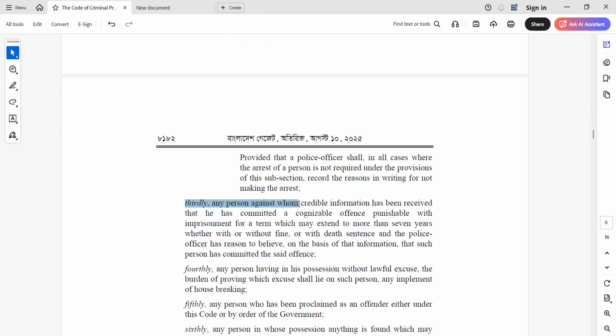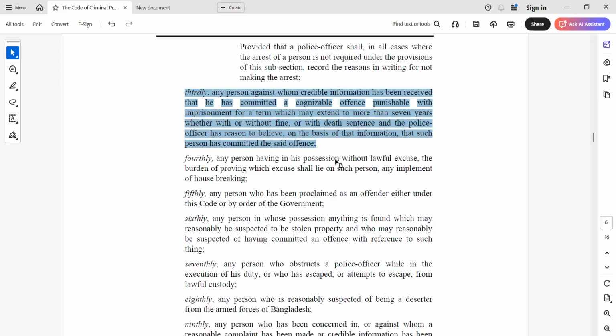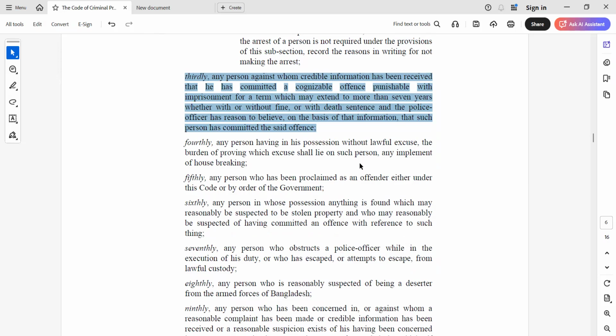Thirdly, any person against whom credible information has been received that he has committed a cognizable offense punishable with imprisonment for a term which may extend to more than 7 years, whether with or without fine, or with death sentence, and the police officer has reason to believe on the basis of that information that such person has committed the said offense. Fourthly, any person having in his possession without lawful excuse, the burden of proving which excuse shall lie on such person, any implement of housebreaking.